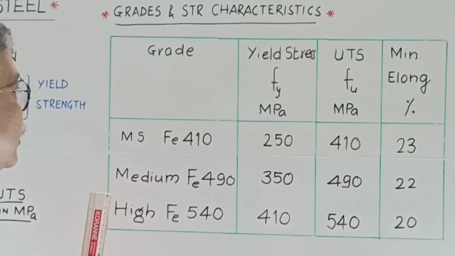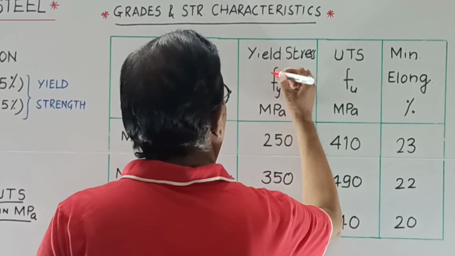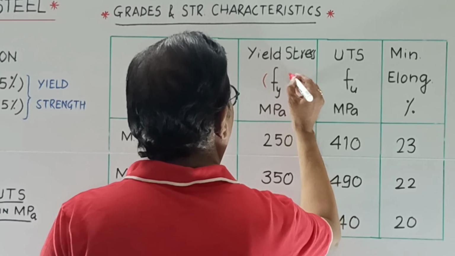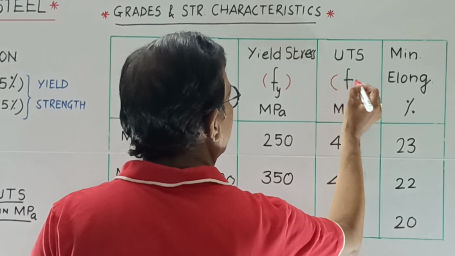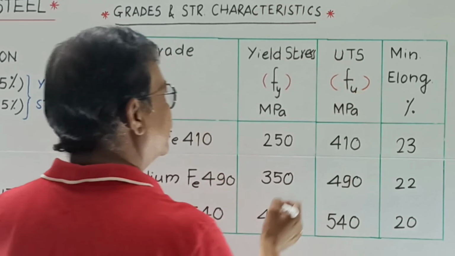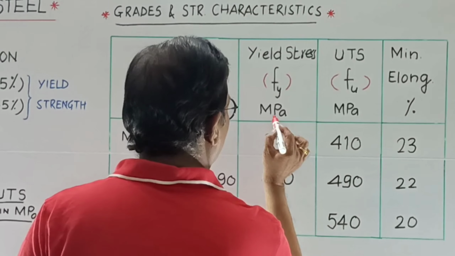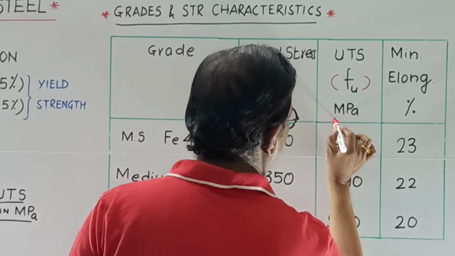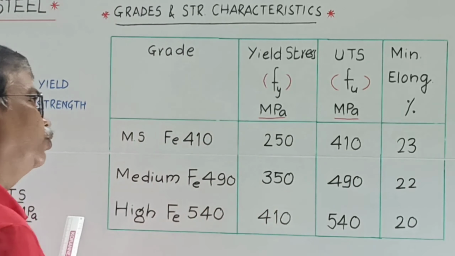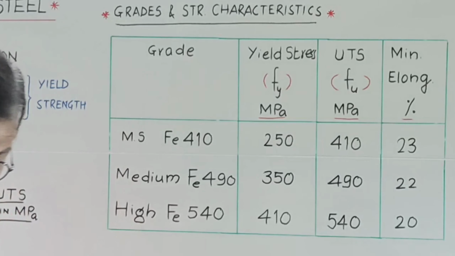In this particular table, hereafter when we say yield stress, it will be denoted by Fy. When we say ultimate stress, it will be denoted by Fu. These values are in MPa. What is MPa? Newton per mm square. Elongation is in percentage. Okay. Now let us see one by one.